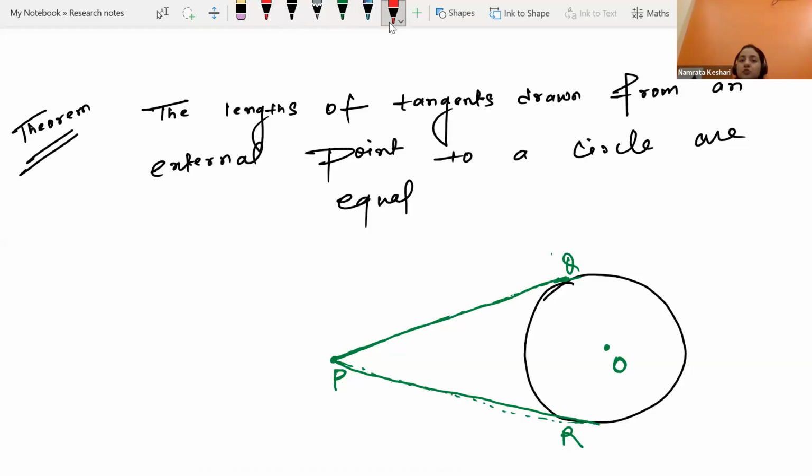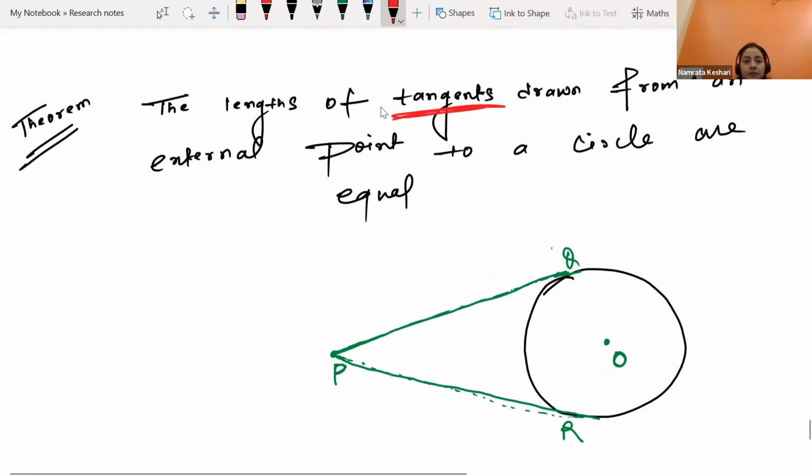PQ is equal to PR. That's what we have to show. See the theorem. The theorem says that the length of the tangent drawn from an external point. If we are having an external point, and through that external point, if we are drawing tangents, then the lengths of the tangents will be the same. Length of the tangents drawn from an external point to a circle are equal.